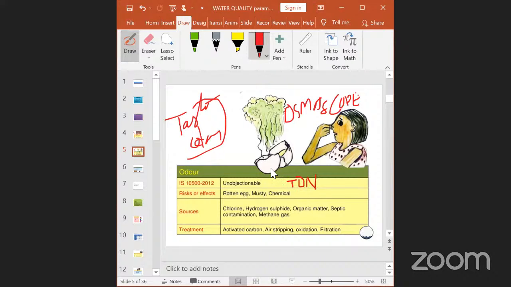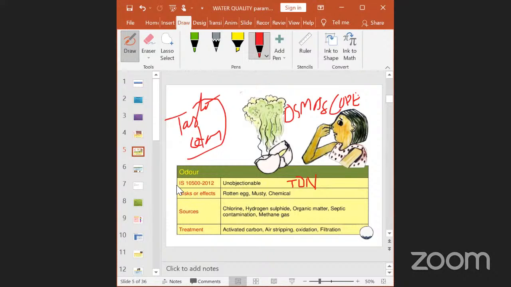Taste and odor in water can be caused by foreign matter such as organic materials, inorganic compounds, or dissolved gases. These materials may come from natural, domestic, and also agricultural sources.